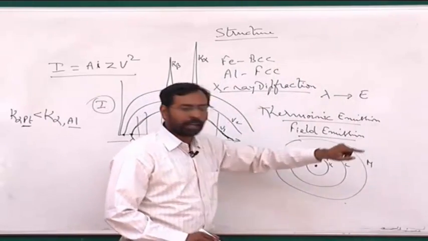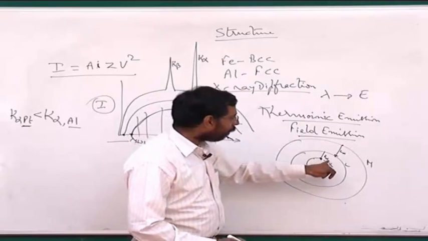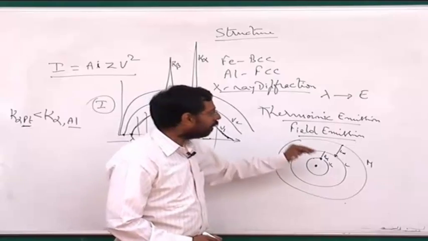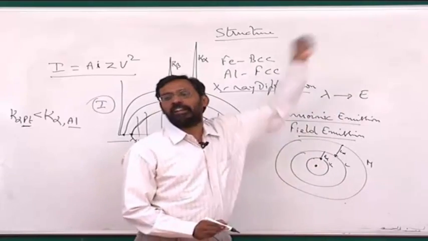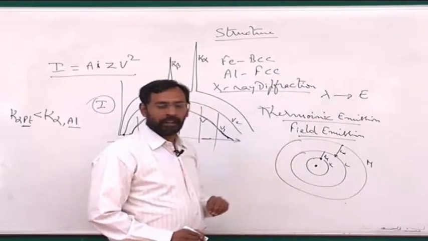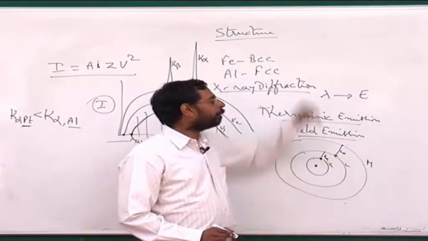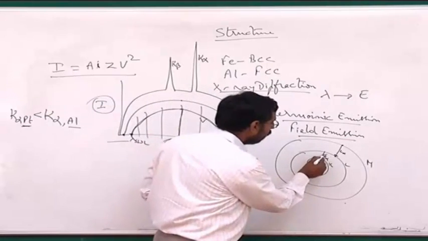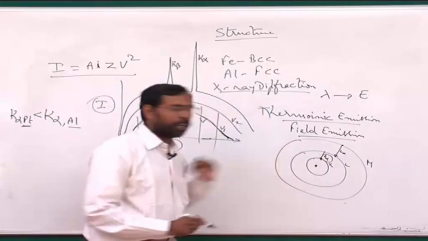The alpha, beta, gamma: alpha means the electron falling from the immediate next shell. Beta means it is the electron falling from the second shell. And if there is a gamma, then it is falling from the third shell. So this is how we can easily recognize what these particular notations mean.